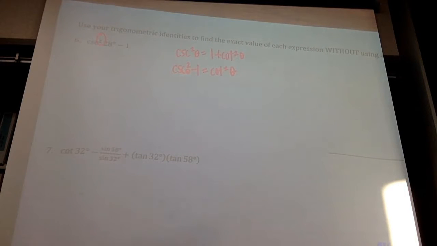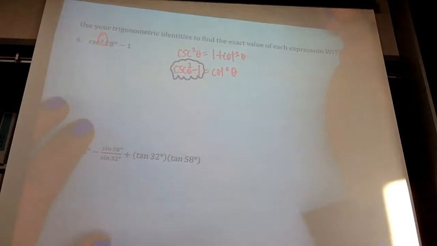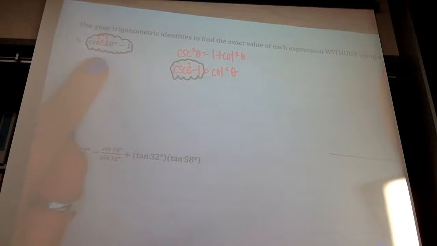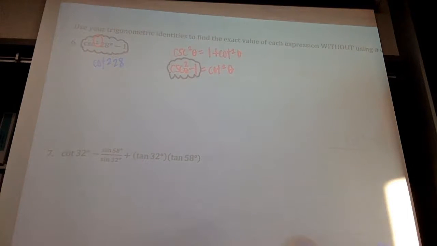And so essentially what that's saying is it's almost like thinking about substitution in a sense. Like saying, okay, this says cosecant squared 28 minus 1. And I know that that whole thing equals cotangent squared theta. So that means that this whole thing is going to equal cotangent squared 28. And that's my final answer.